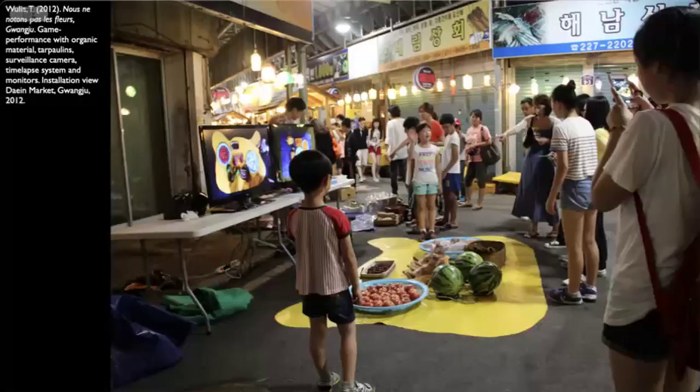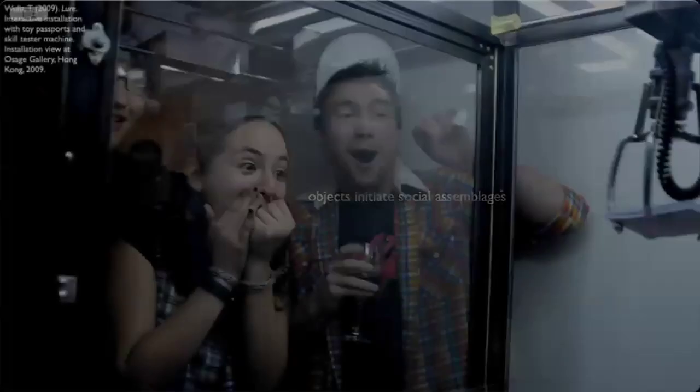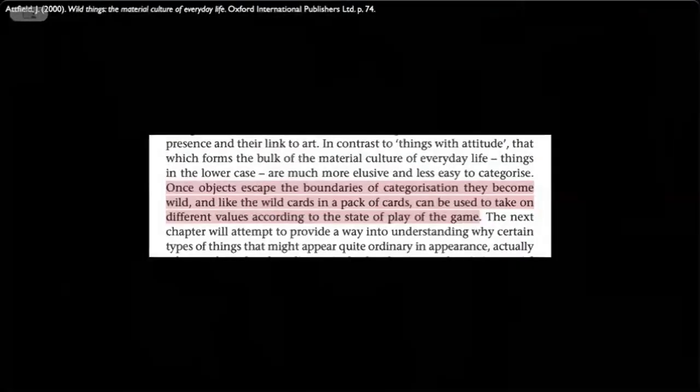At this point, the object can become similar to a wild thing, as described by Judy Attfield. Like wild cards in a set of cards, they can be conceptually used by different actors in the assemblage according to their respective takes.